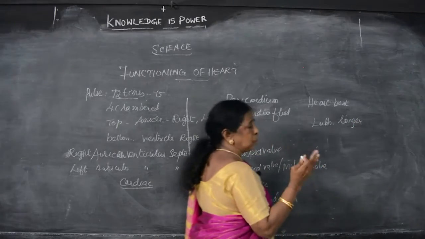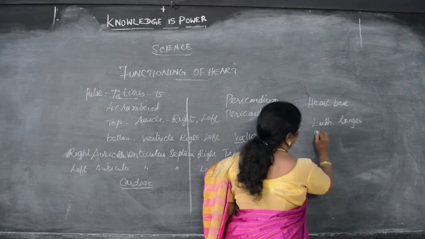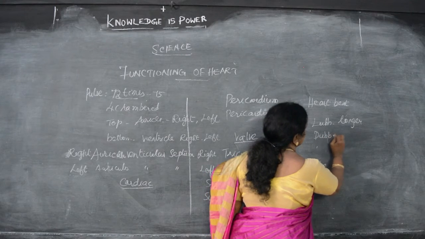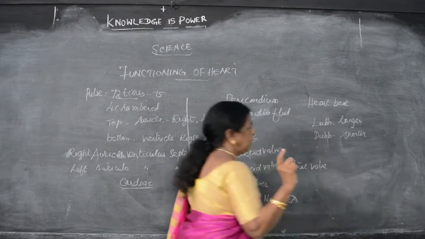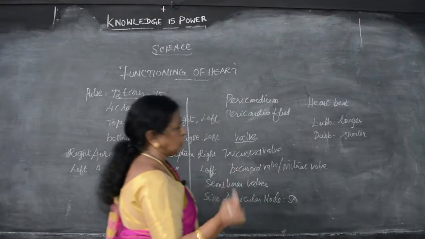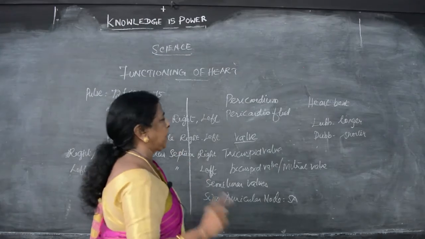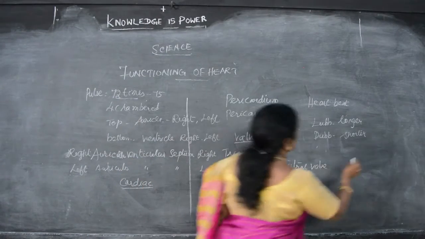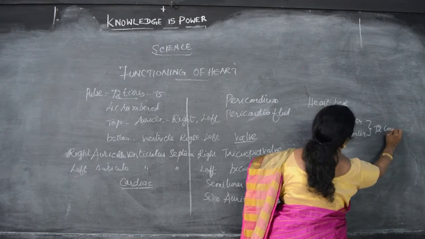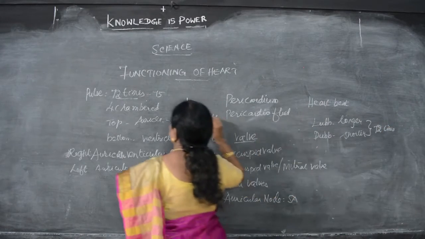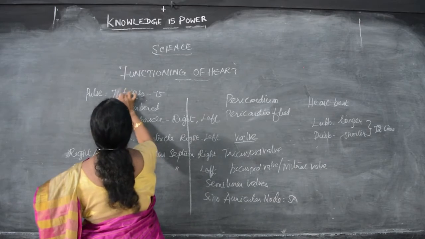Then at closing time it produces a shorter sound, from the blood pressure. So one heartbeat has a longer sound and a shorter sound, both happening together. Heartbeat is also 72 times per minute. Normal heartbeat is 72 times. Pulse rate is 70 to 90.